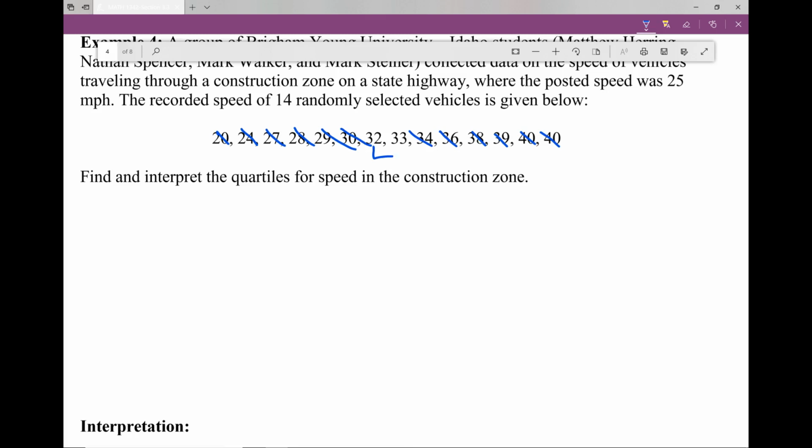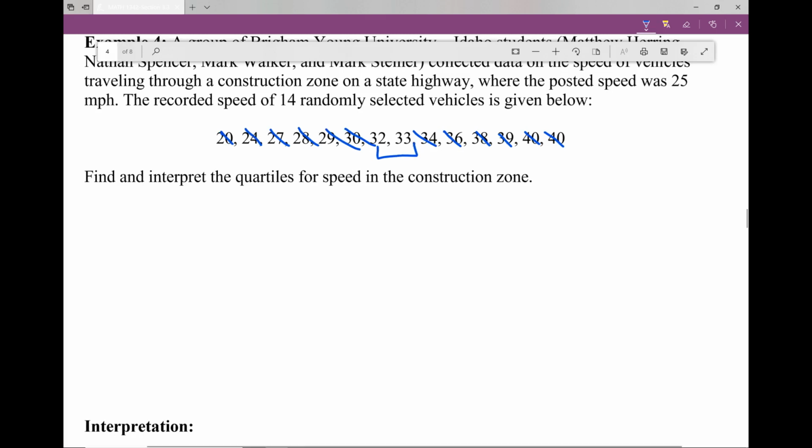And let's see here, I get 2 numbers. So Q2 would be 32 plus 33 divided by 2. Q2 is 32.5.